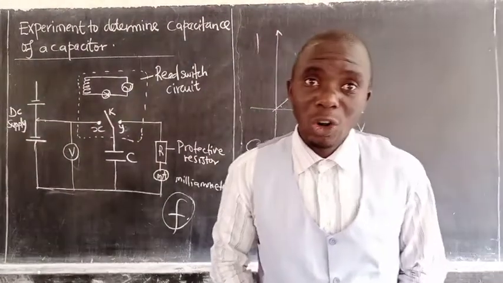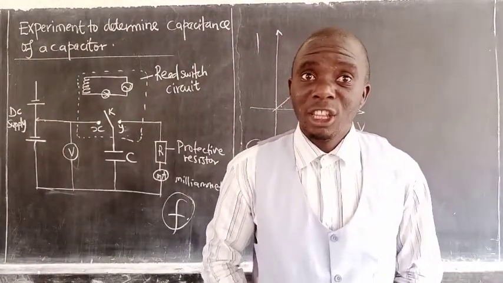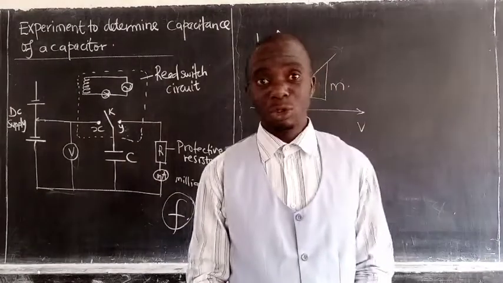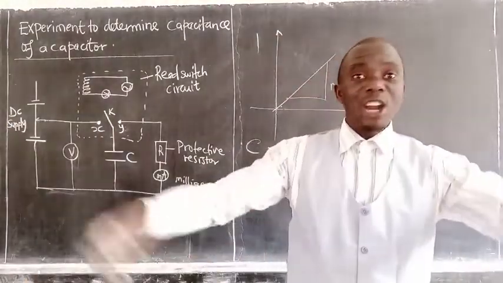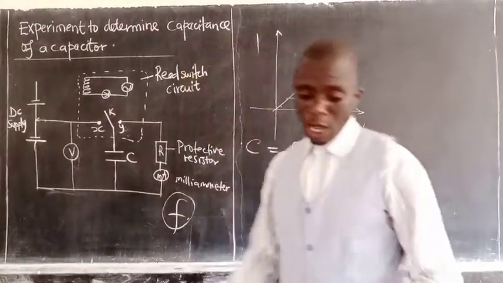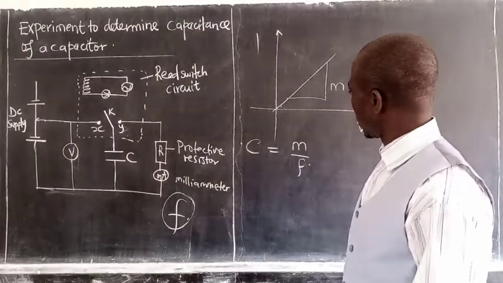By doing so, you have determined the capacitance of this capacitor that has been given to you. Therefore, you can go ahead and use it for any activity as you may wish.